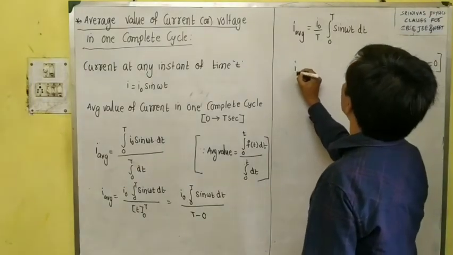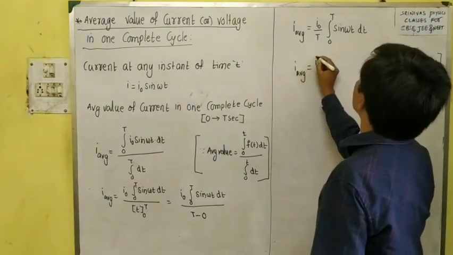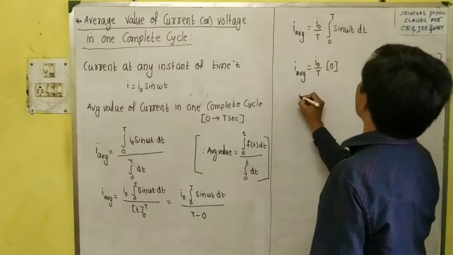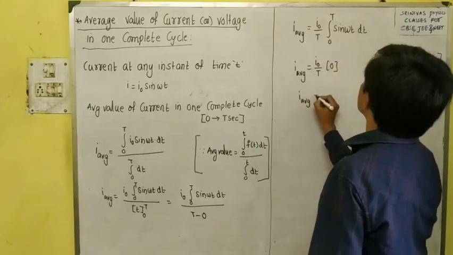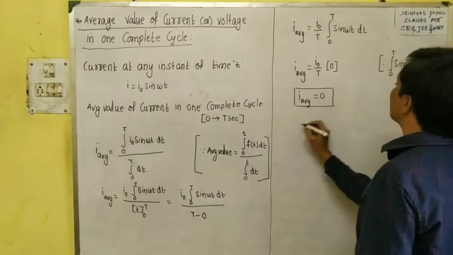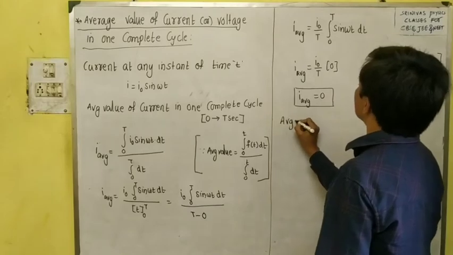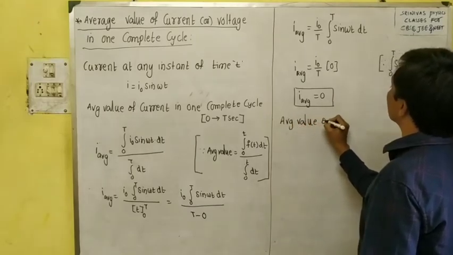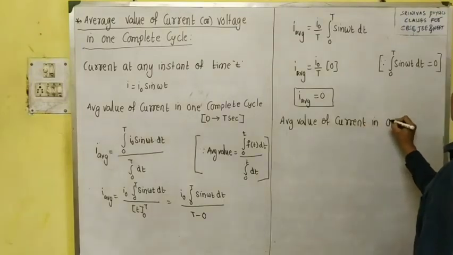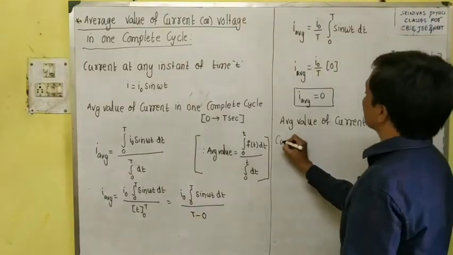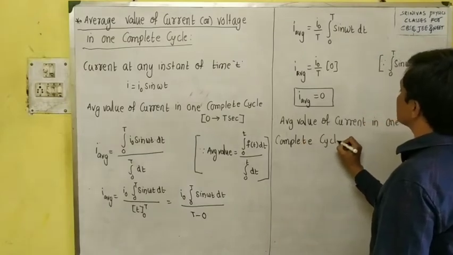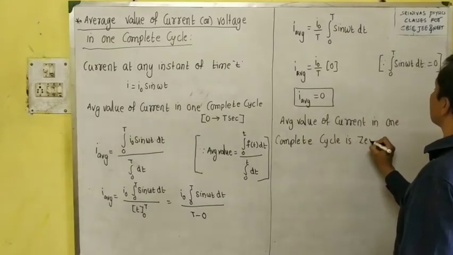The average value of current is I naught by T into 0, that means the average value of current in one complete cycle is 0.